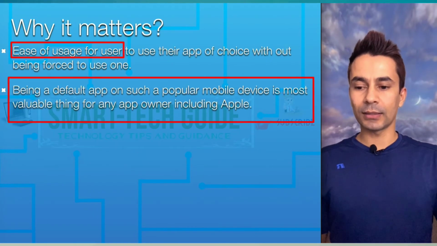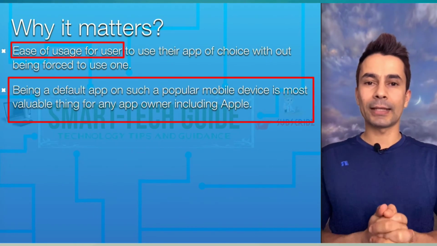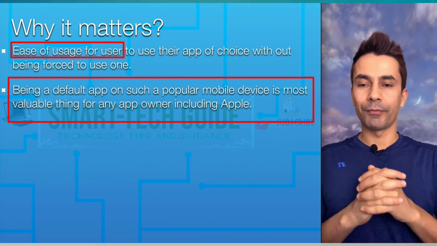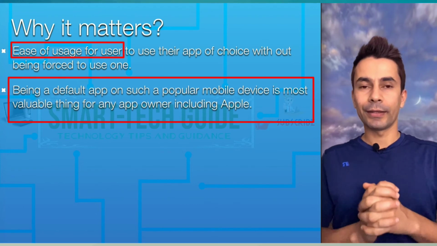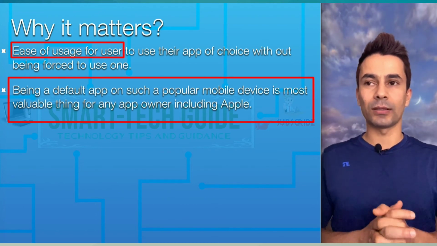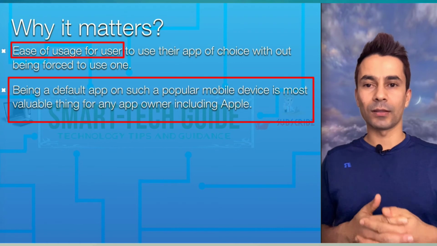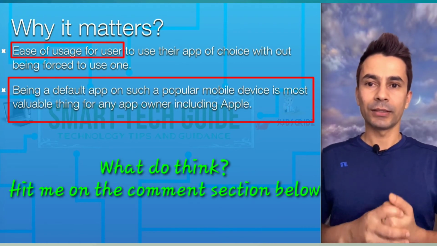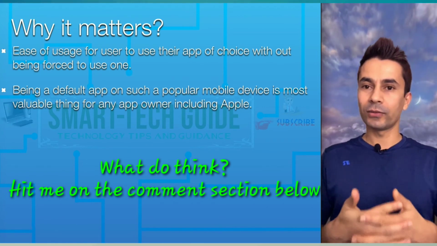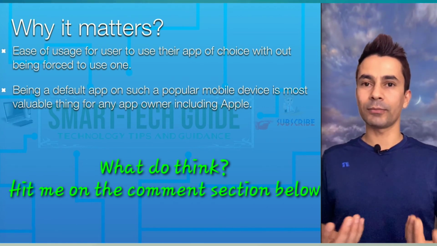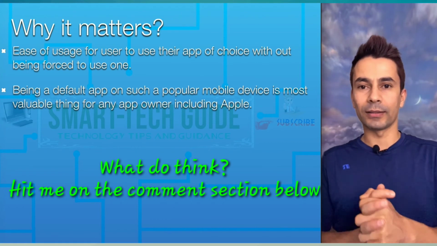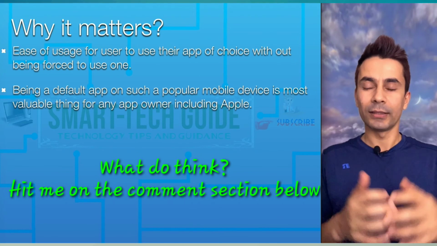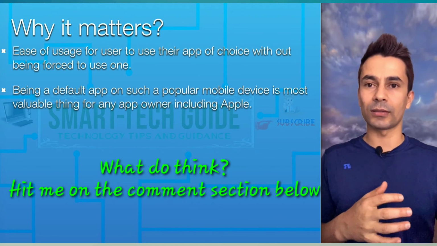Next is why this matters. This is really a valuable thing for any app owner. If users set Google Chrome as the default on iPhone, then Google is in a valuable position, as a lot of iPhone users may switch the default application to Google Chrome or Gmail.